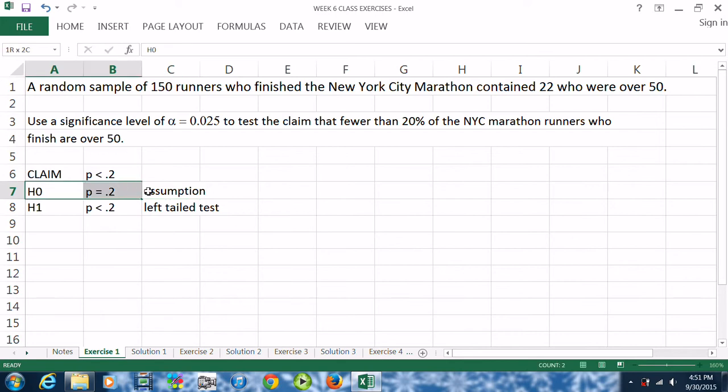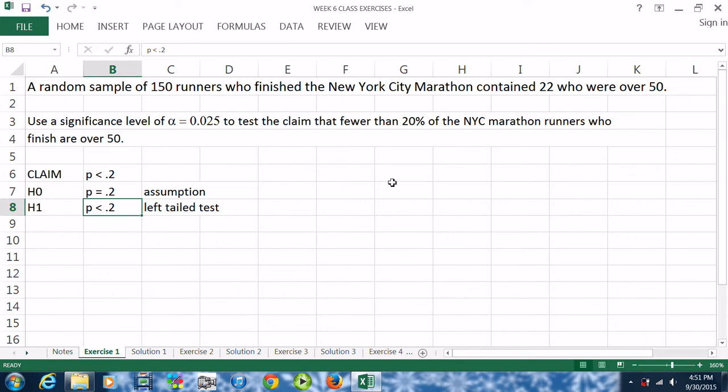By making this assumption in the null hypothesis, that tells us what the middle of our normal bell-shaped curve is, and if it's unlikely to be that value, we will be unusually small, because our claim, or the alternative of less than 0.2, would mean we'd be really far away from the 0.2, so we'd be in that left tail.